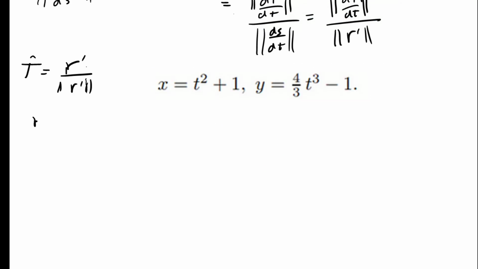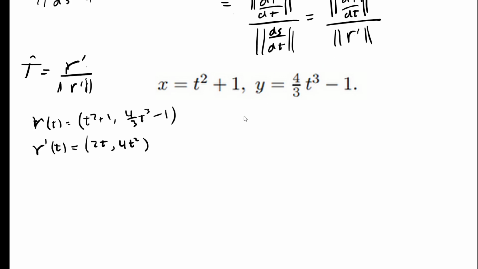Okay, so r, what is r? R of t is, and we did this a second ago, t squared plus 1, 4/3 t cubed minus 1. So that means that r prime is 2t, comma, 4t squared.